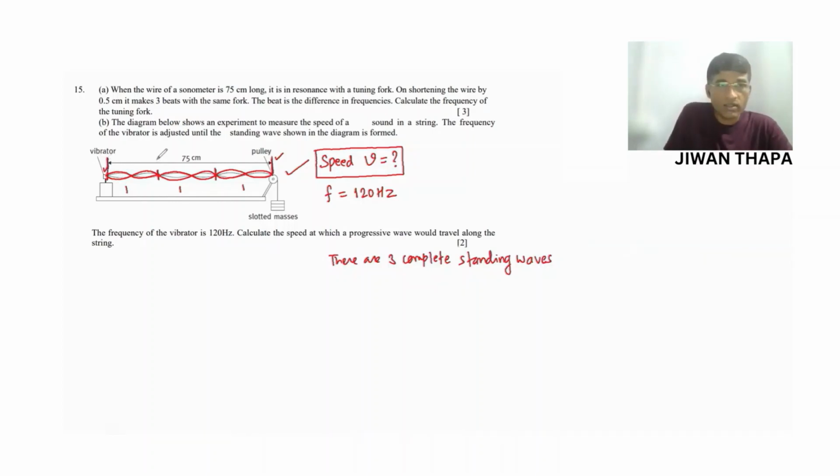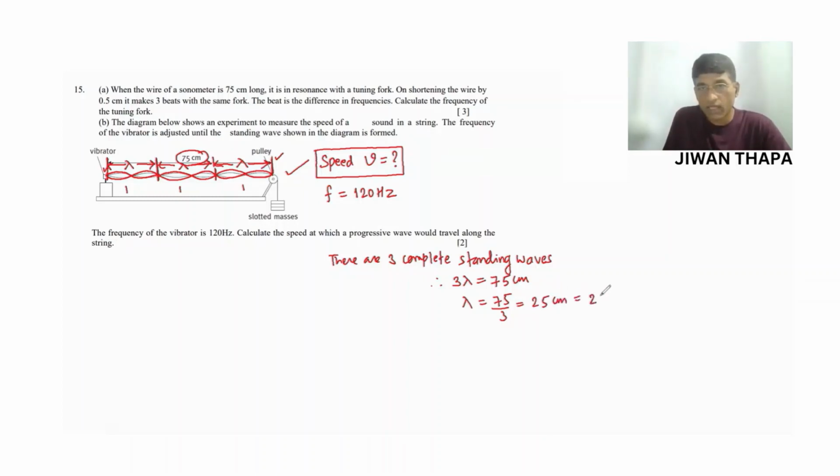We know this distance is called wavelength. So this is lambda, and this distance is lambda, and again this distance is lambda. Therefore we can write 3 times lambda equals 75 centimeter. So lambda equals 75 by 3, which gives 25 centimeters.